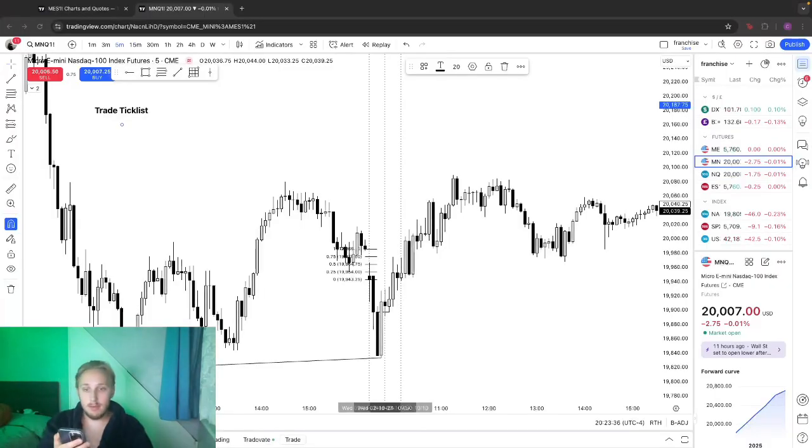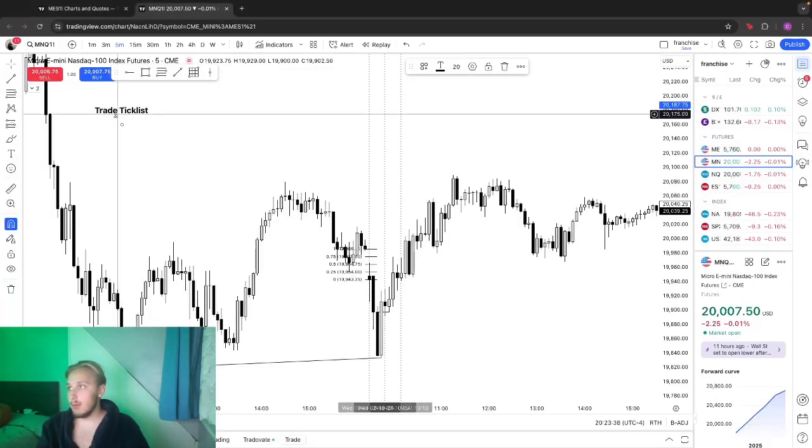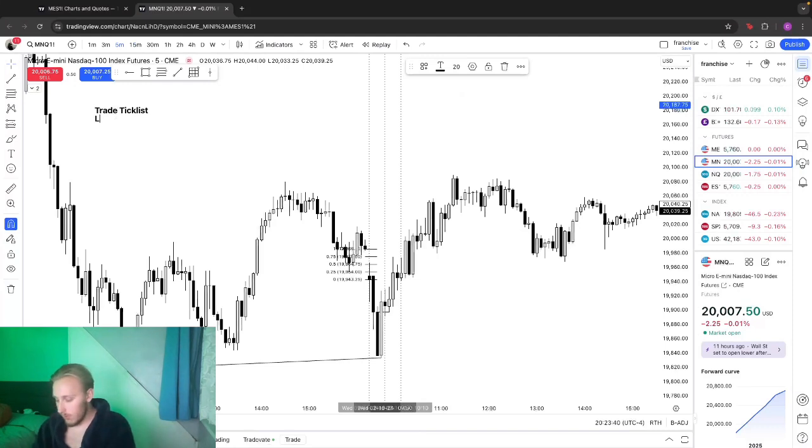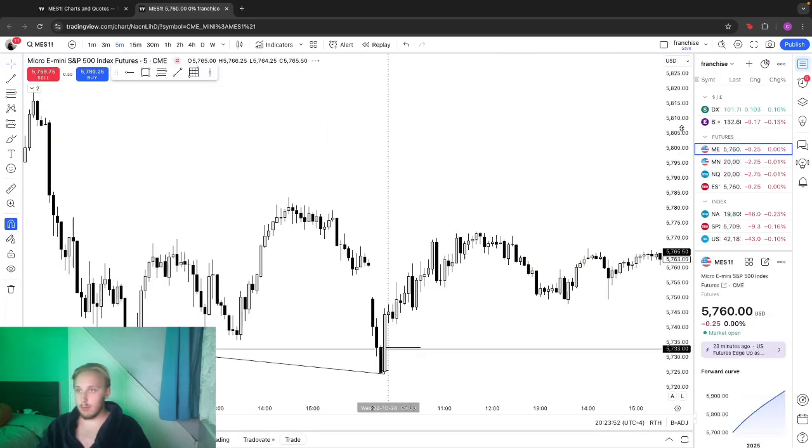And then it says liquidity pool. I've written what it is. Have we got a liquidity pool taken?